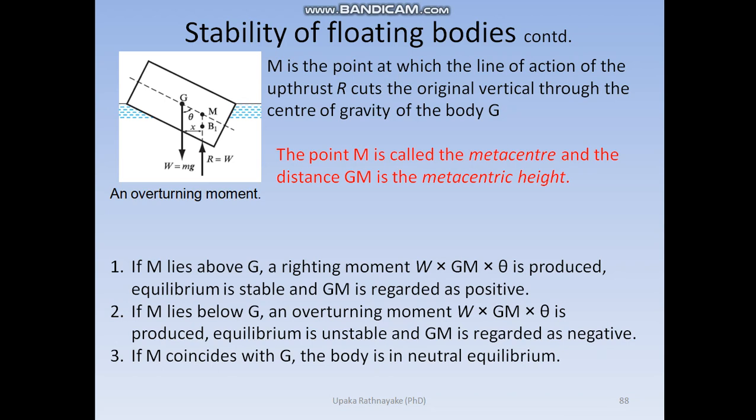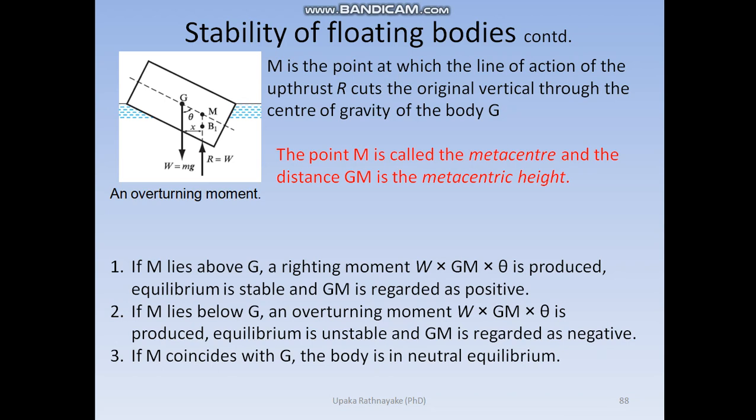If M lies below G, an overturning moment is generated due to the upthrust, and therefore the object fails stability and is called unstable. If M coincides with G, there is no moment. Therefore, this is called the neutral equilibrium. Please draw these cases and understand the moment direction.